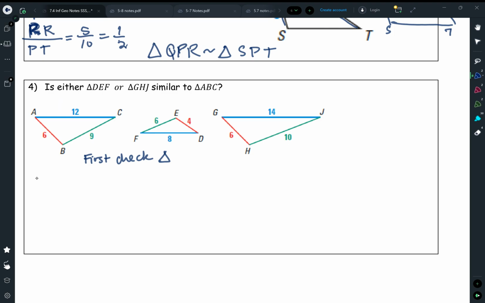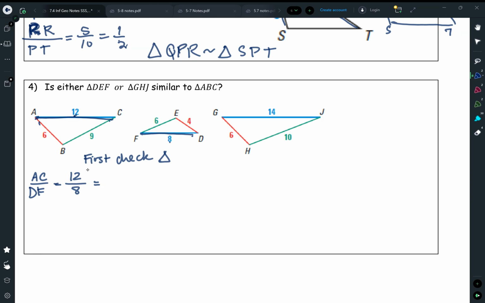So when I'm comparing AC, I'm going to compare it to, let's see, I went red to green, so red to green on blue, so I'm going to compare it to DF. And like I said, 12 is the biggest on this triangle, 8 is the biggest on this one.